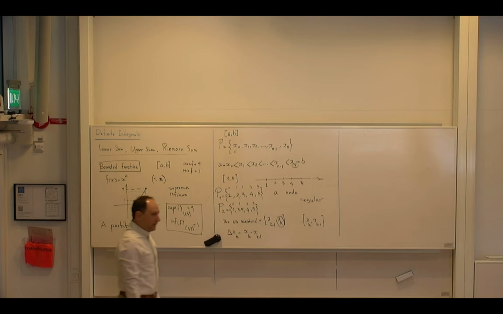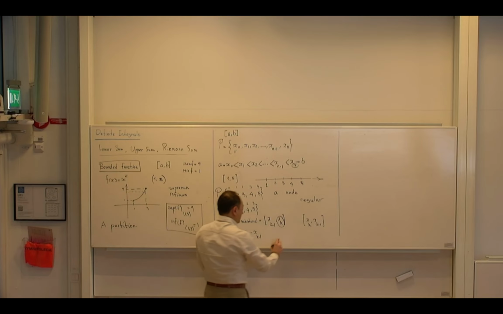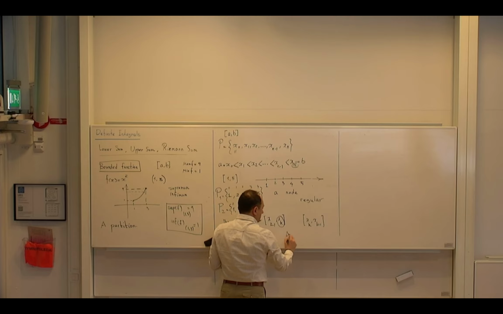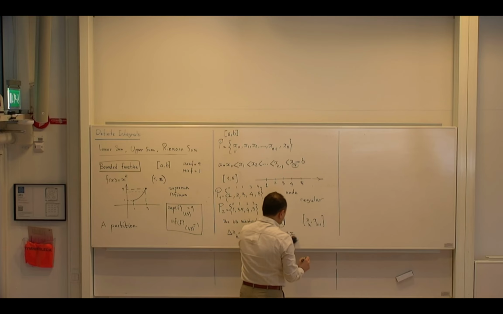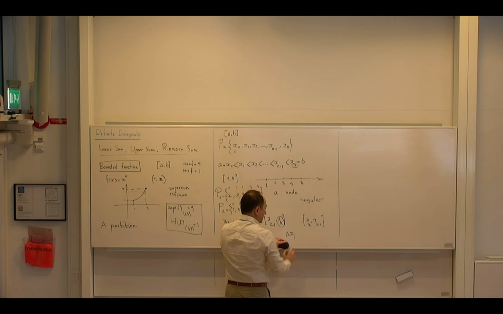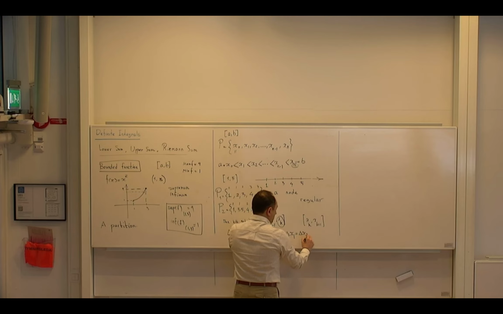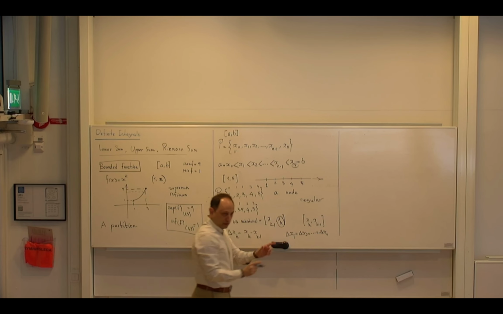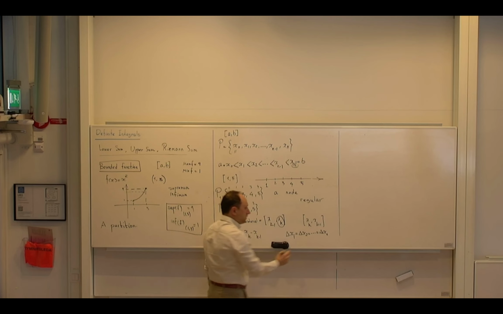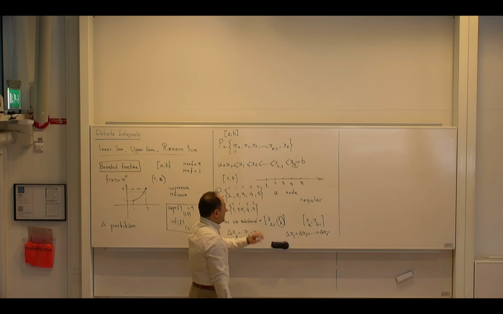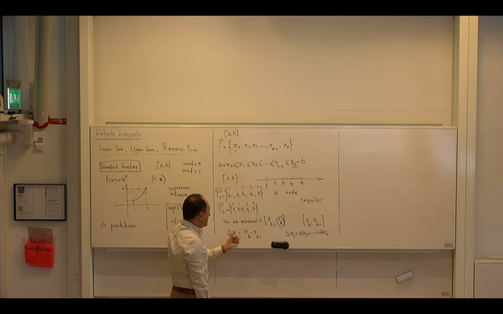Yes? And can you tell me what will be if I have a regular partition, do you agree that in a regular partition I can write delta x1 equals delta x2 equals up to delta xn? All the lengths will be the same. And it will be equal to what? It's a partition of the closed interval from A to B. There is no guarantee that the partitions have the same length.